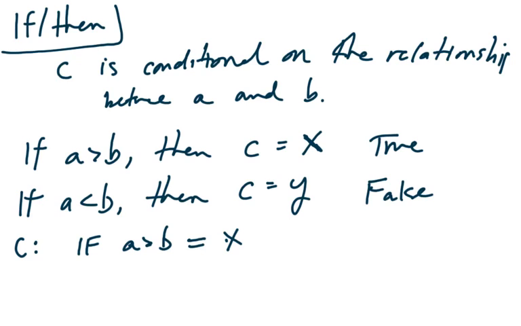These are conditional outcomes. And instead of writing another condition where we say if A is less than B, we could just say if this first case is not true, so if A is greater than B is equal to X, in all other cases, or else, equals Y.